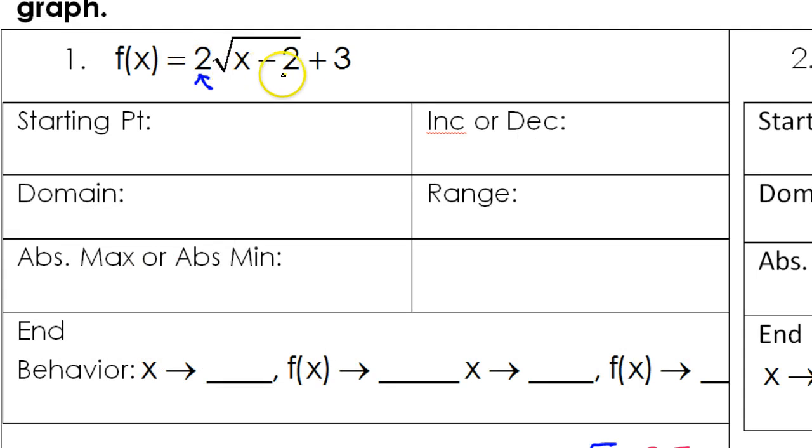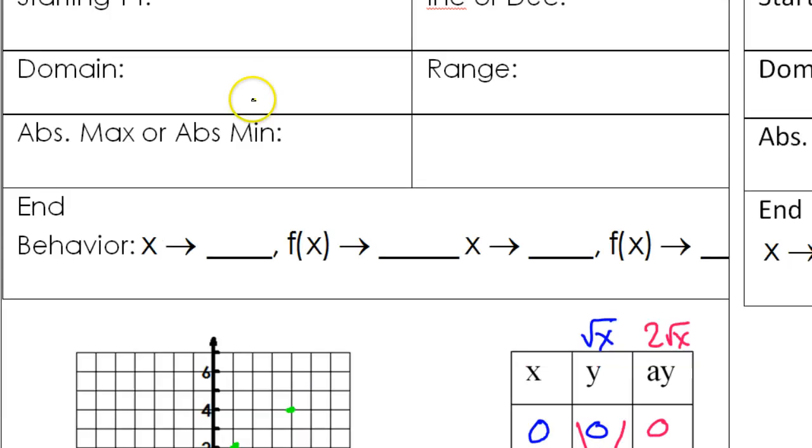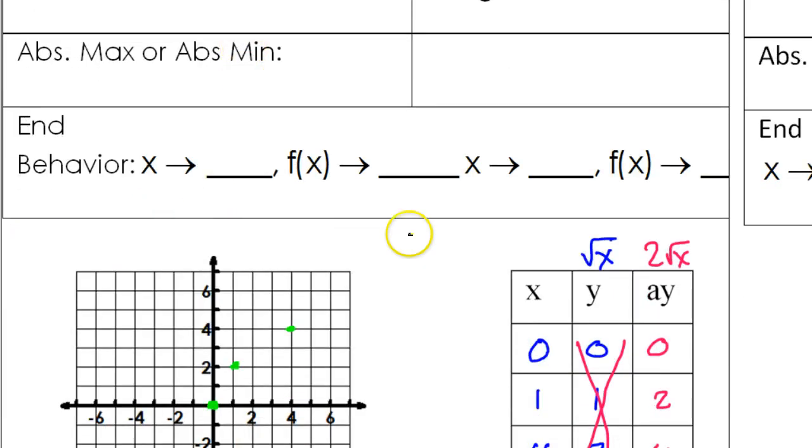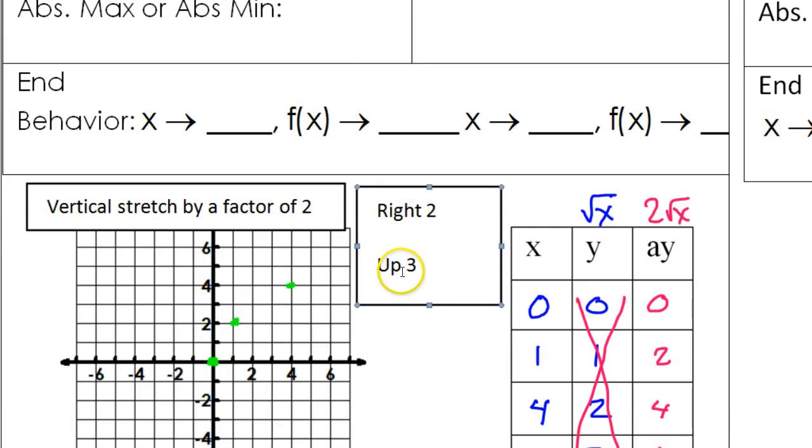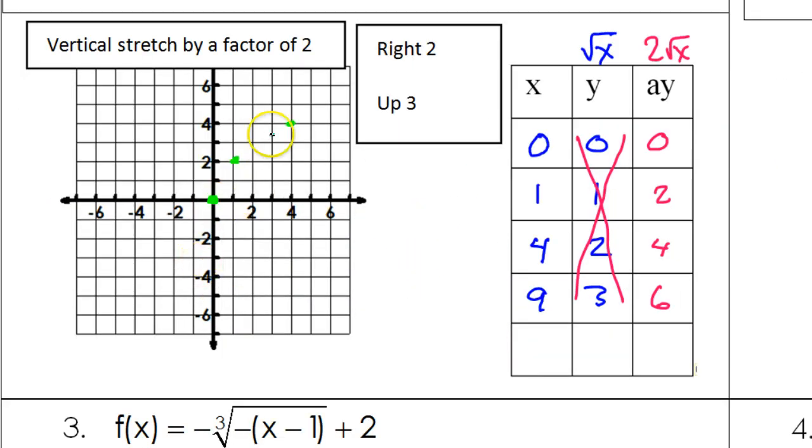Now this function has 3 transformations corresponding to each one of these 3 numbers. The 2 in the front is a vertical stretch by a factor of 2. And then the negative 2 will send us to the right 2, and the positive 3 will be up 3. So right 2, up 3. So we can take this skeleton that we just graphed and shift each point right 2 and up 3.